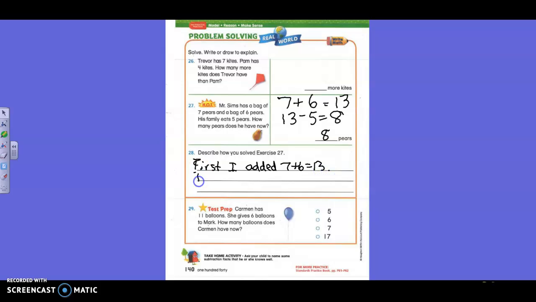Period. Then what did we do? Subtracted. 13 minus 5 equals 8 pears.